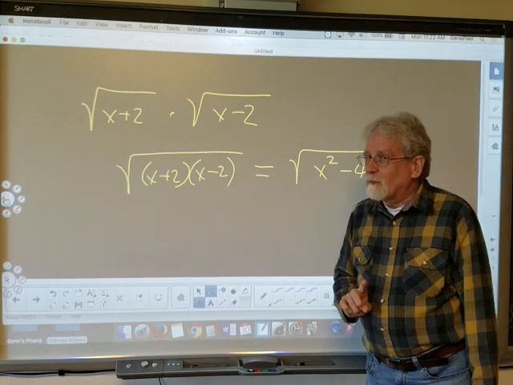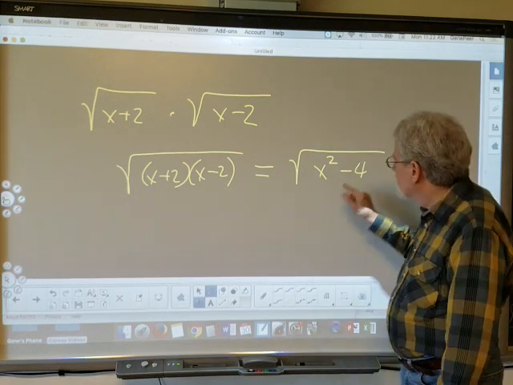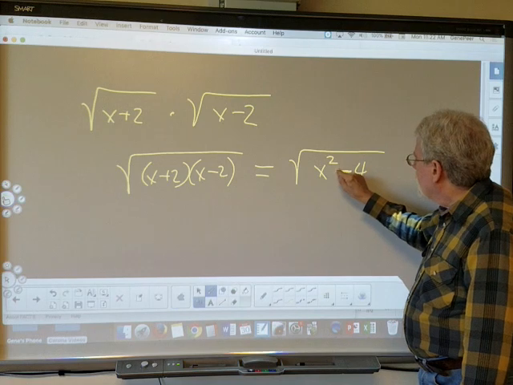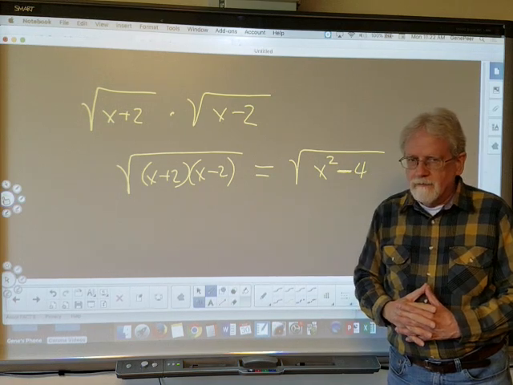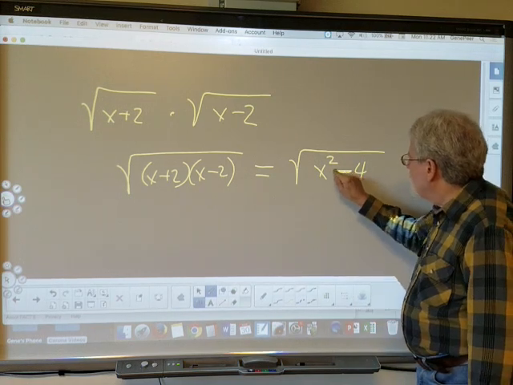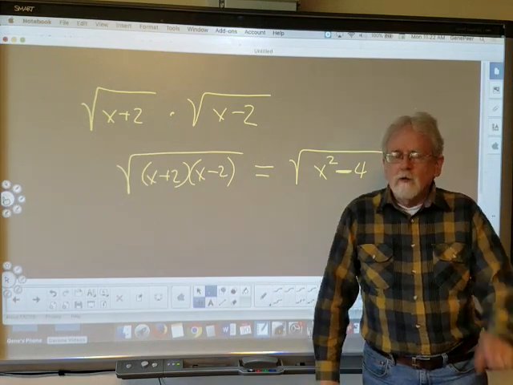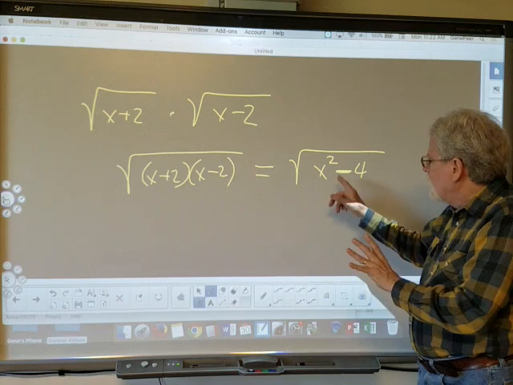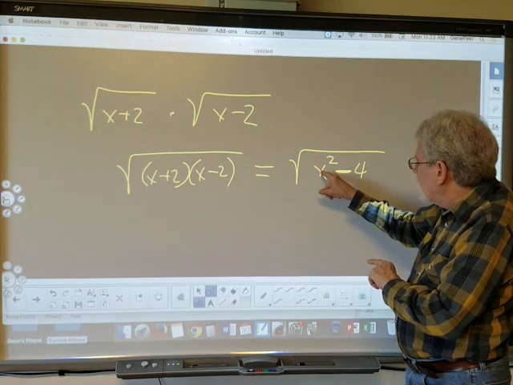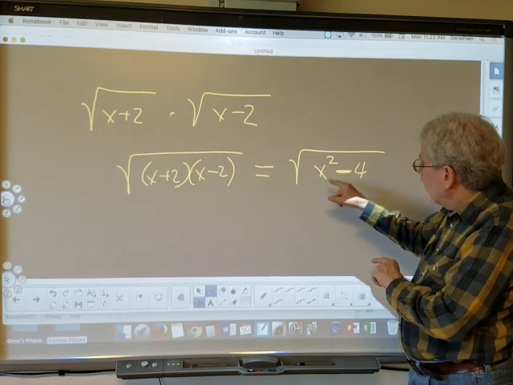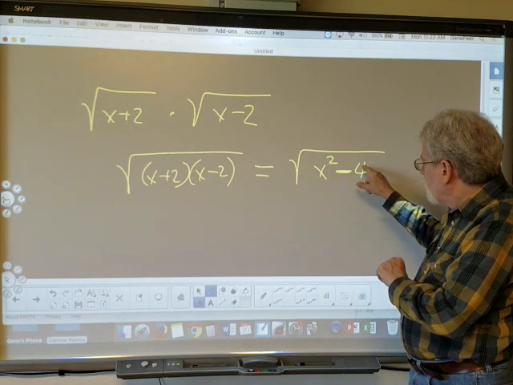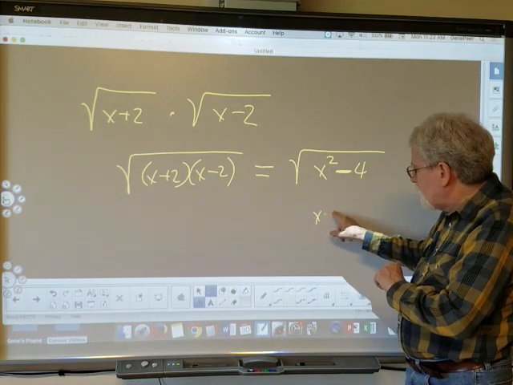Oh, something just popped into my mind. Folks, this is a negative sign. Because this is a negative sign, you cannot rip that apart. You cannot claim, oh, isn't that just going to be x minus 2? The square root of x squared is x, and the square root of 4 is 2. Isn't it just x minus 2?